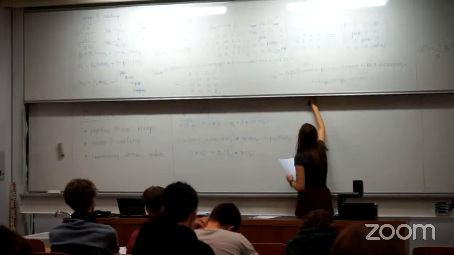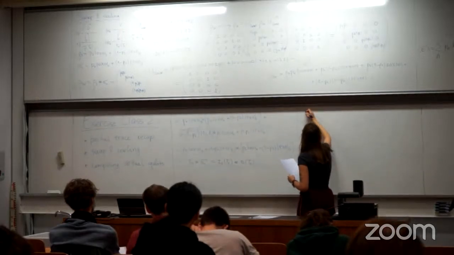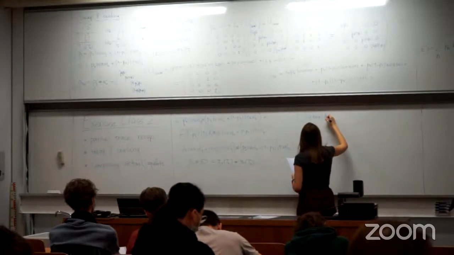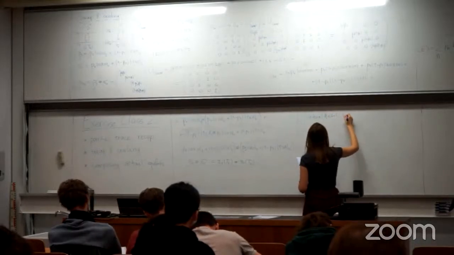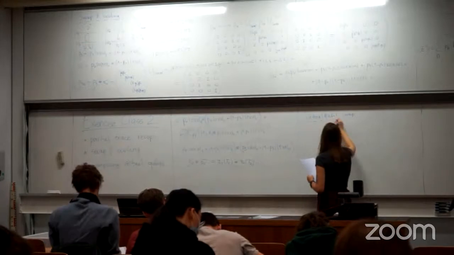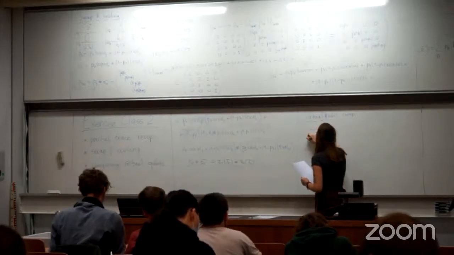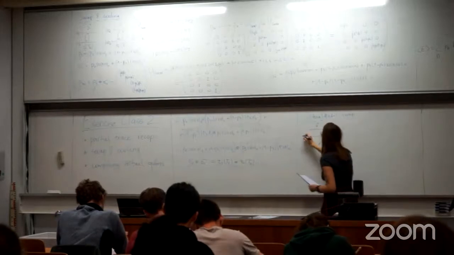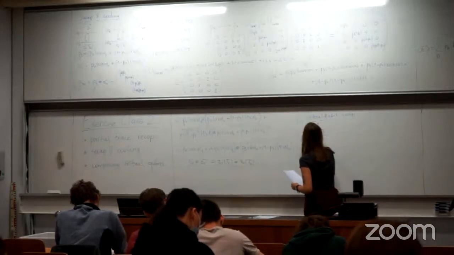So, virtual qubit swap. Again, we have our system S, with levels 0S and 1S.